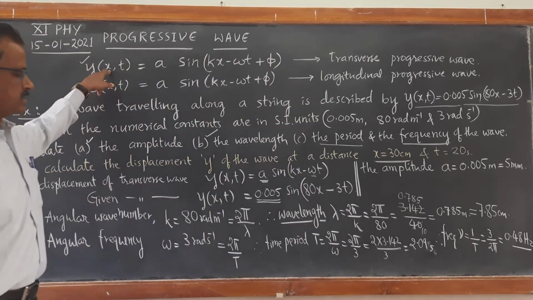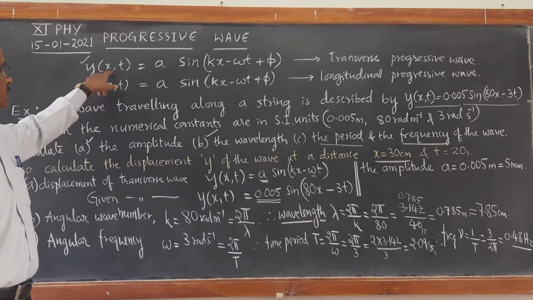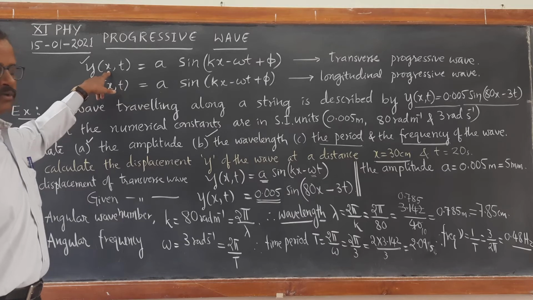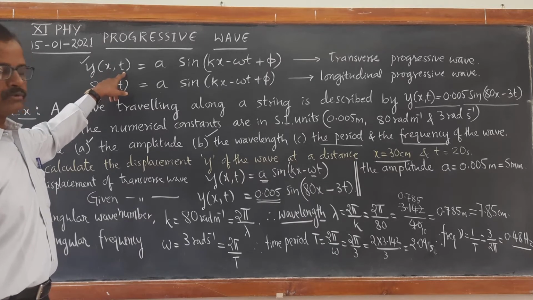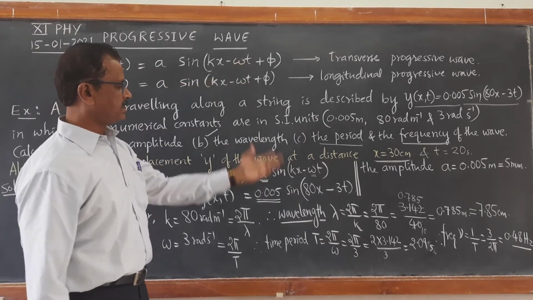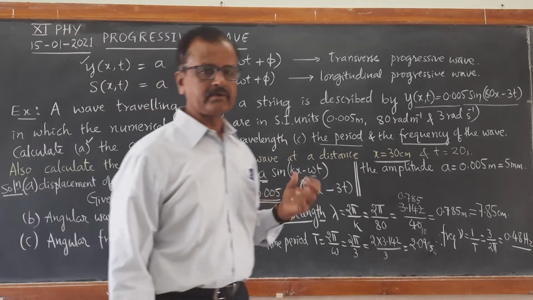In the place of x we have to substitute 30 centimeter, and for time we substitute 20 seconds. With x and t, we will get the result.